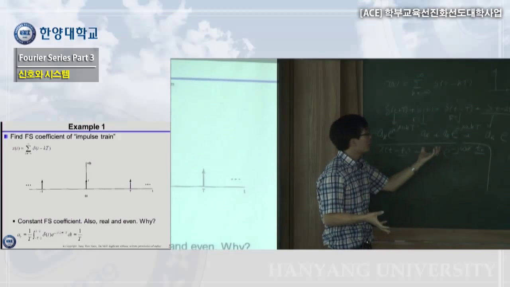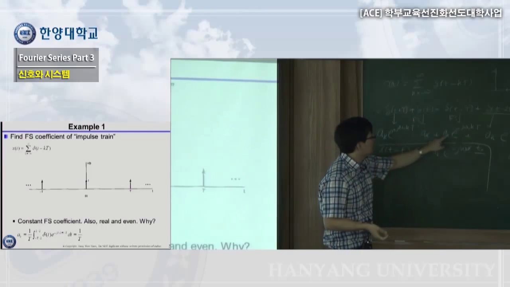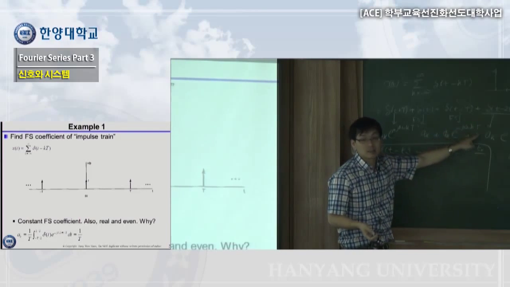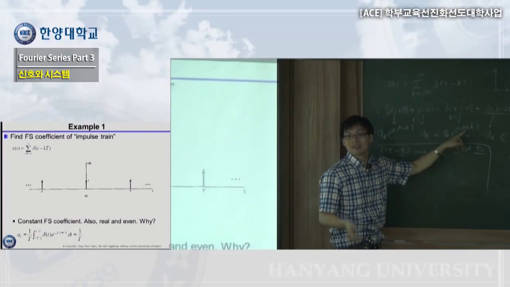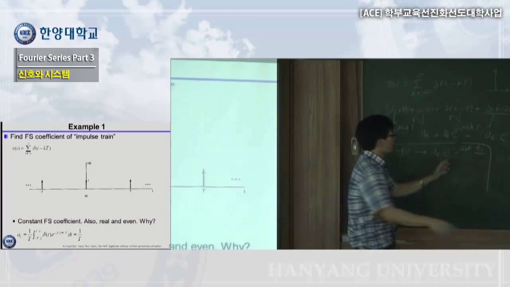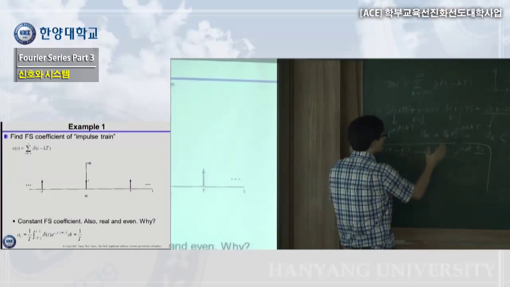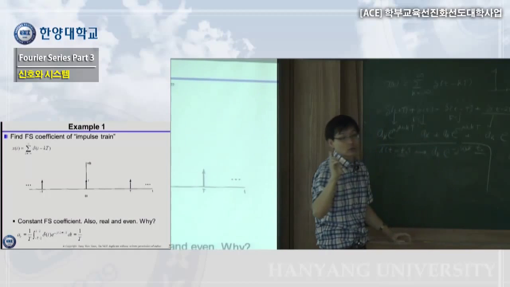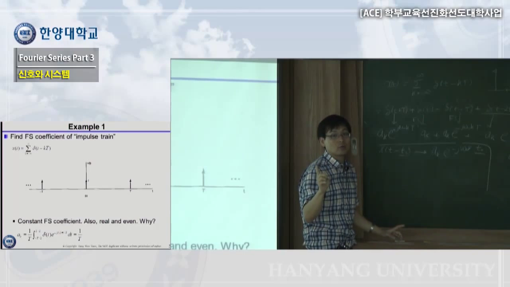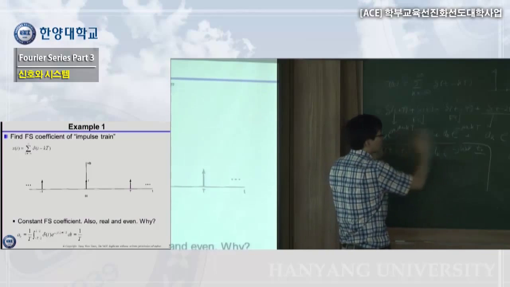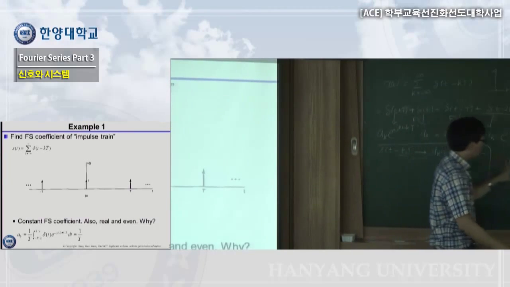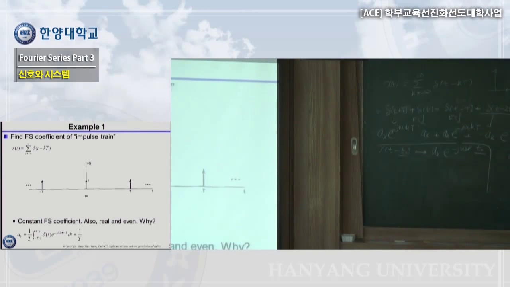Using the time shifting property, we multiply by e to the j omega 0 k t0 and find t0 is large T. So if you know a_k, with one simple calculation, then you can find everything. The output a_k will be 1 over T, which is here, times e to the j omega 0 k t0 actually. But t0, I'm sorry, here we need a large T.